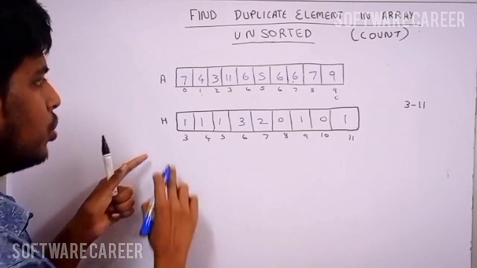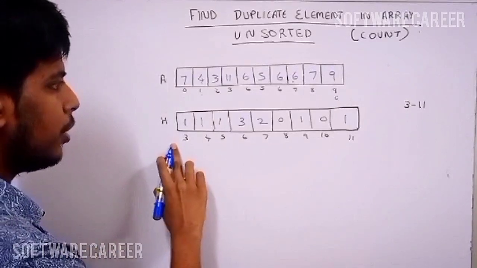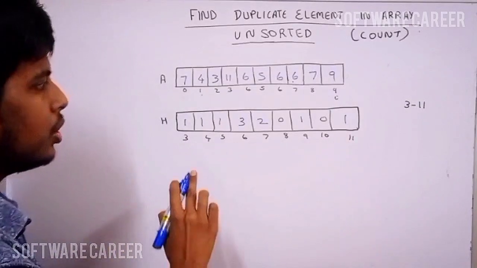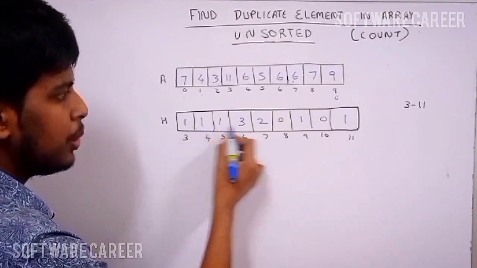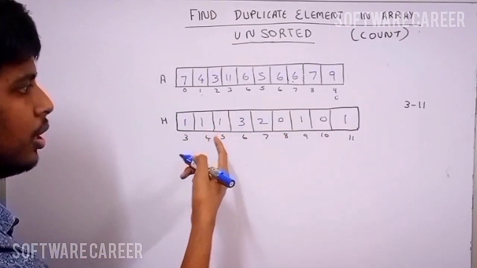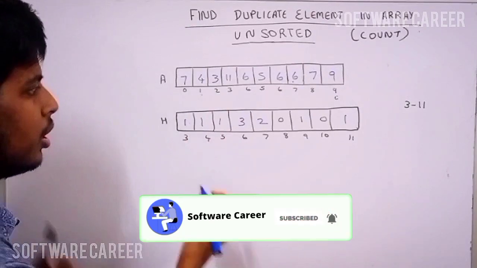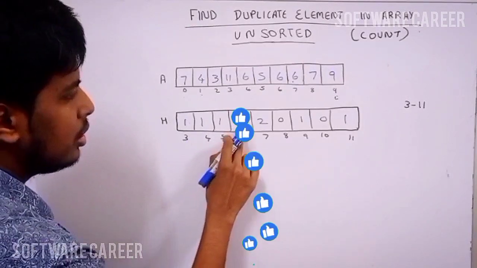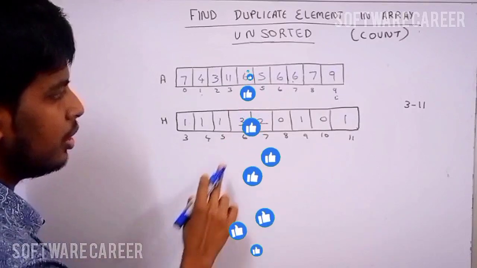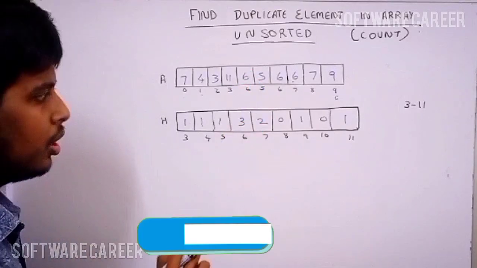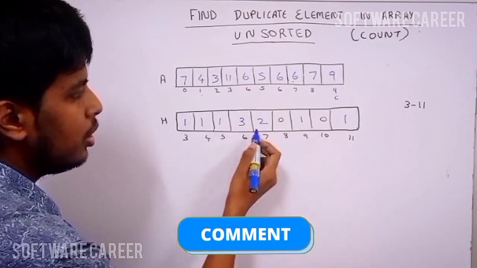Now you should scan this hash table from 3 to 11 and search whether any element greater than 1 is present. What is greater than 1? 6 has a count of 3, which is greater than 1, so you should print 3 times. Then here 2 is there.